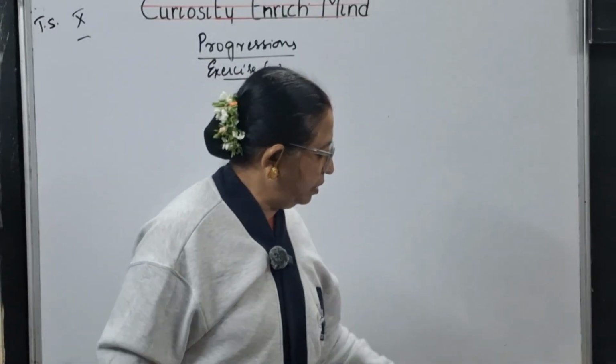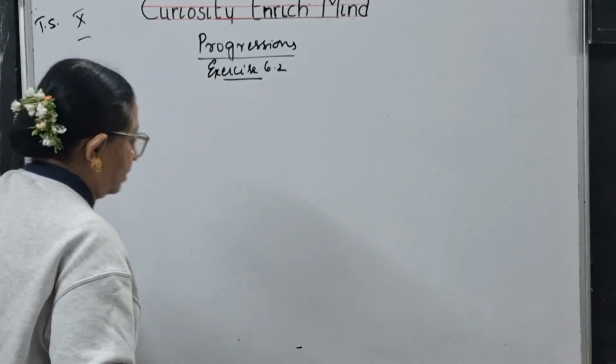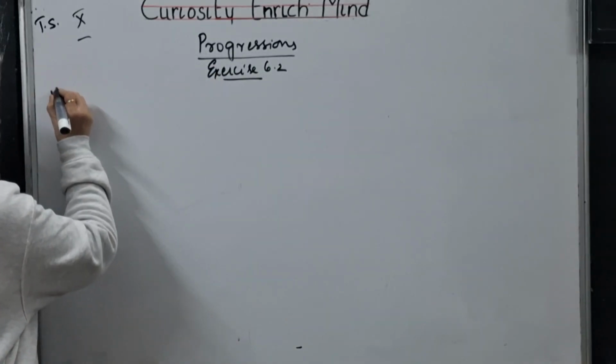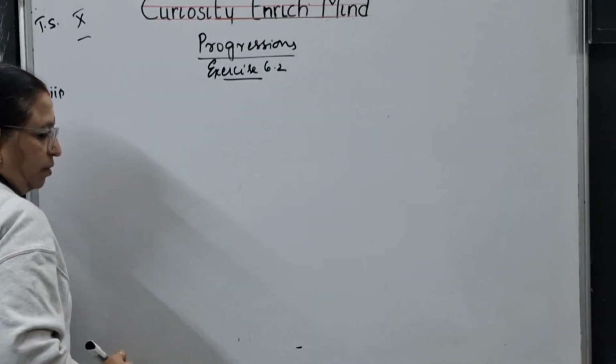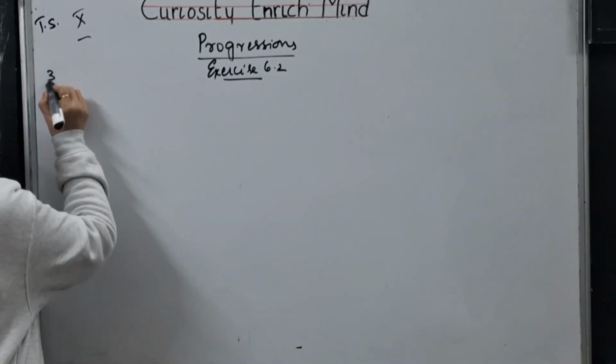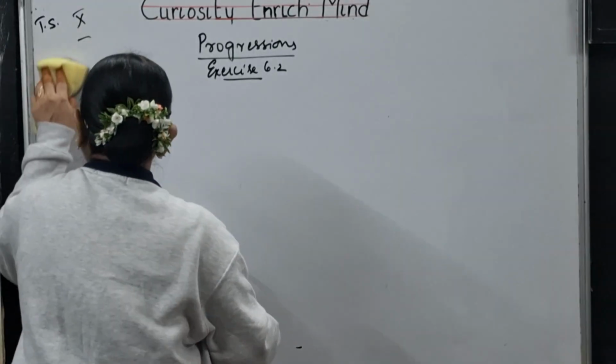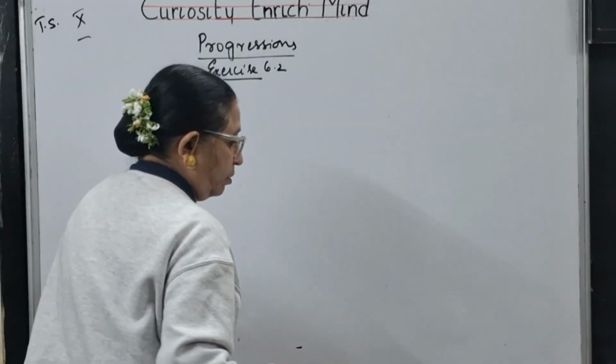Now third bit, children. In third bit, A1 is given. I have rubbed the problem also. Third problem. Let me write. Third problem.